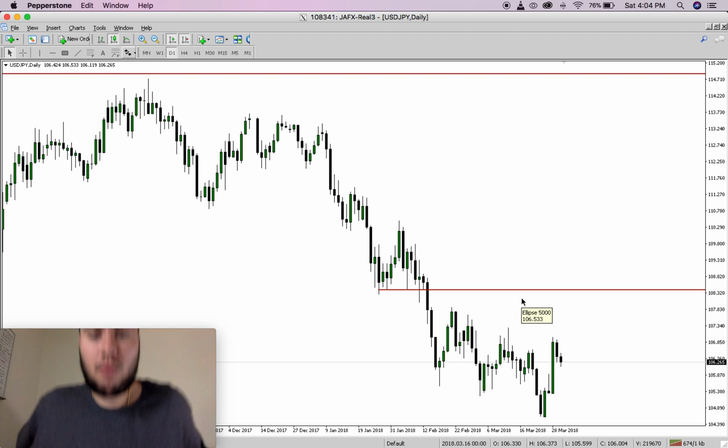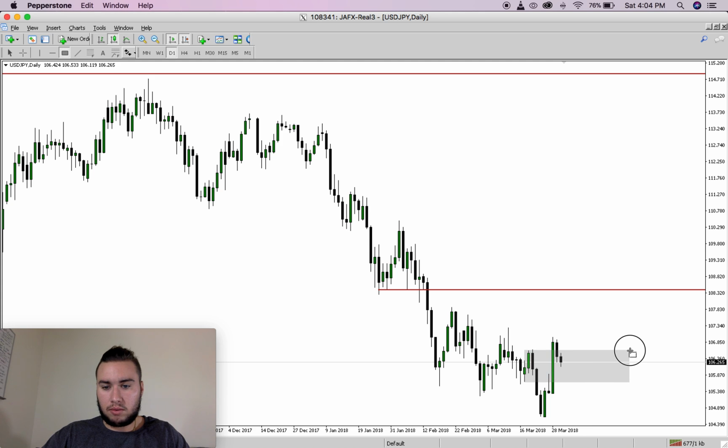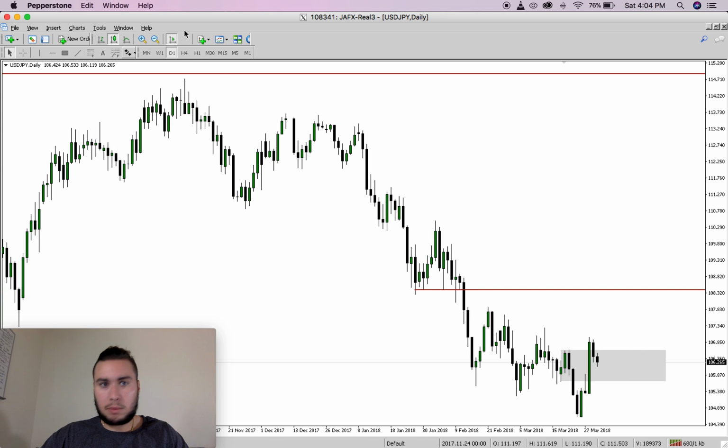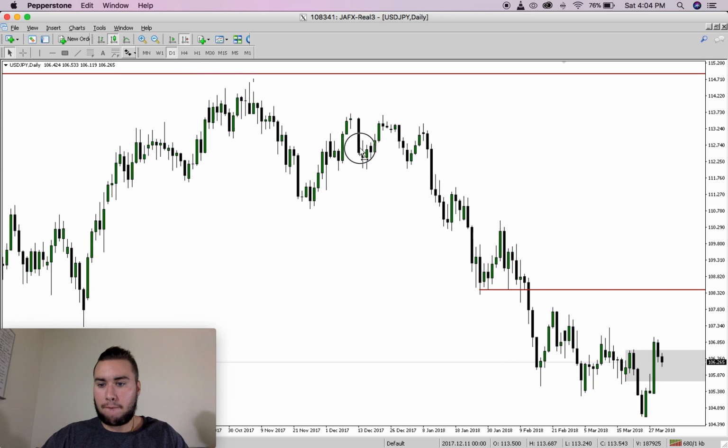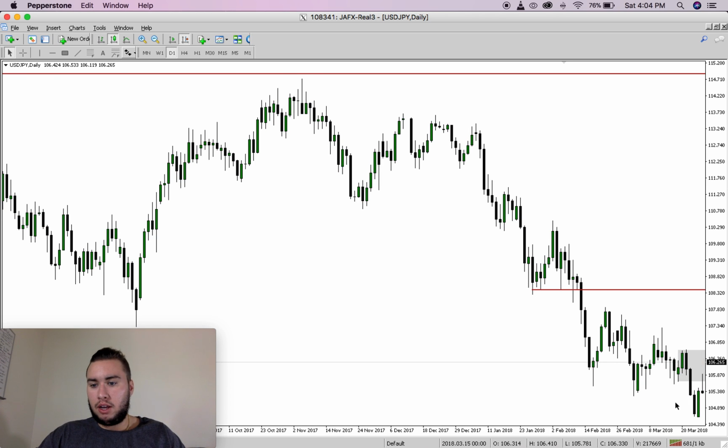So let me basically draw this out. If we look at these up candles before this push down, ICT bearish order block, should have held as resistance, right? If you look at this candle, I know it's kind of hard to see, but look down here in the corner.